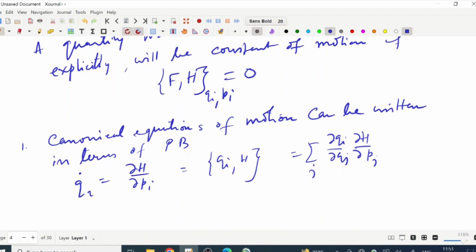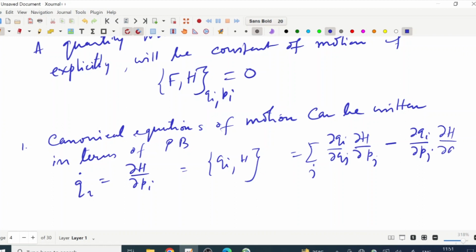I am writing the definition of the Poisson bracket, minus qi differentiated with respect to pj, but qi and pj are independent of each other, so that times del h del qj is 0 because q and p are independent. Then you will find that del qi del qj will be delta ij times del h del pj, sum over j. So, this is nothing but del h del pi.